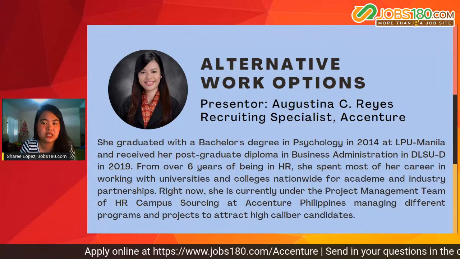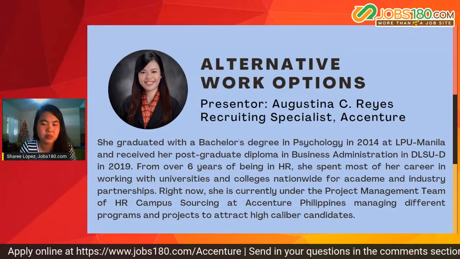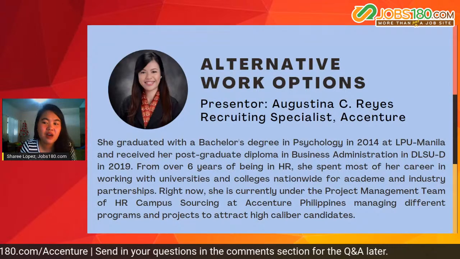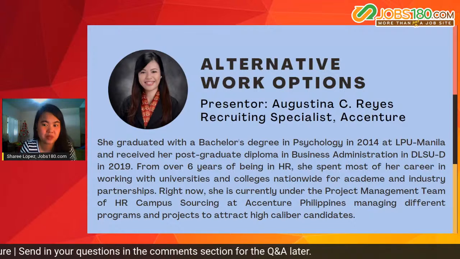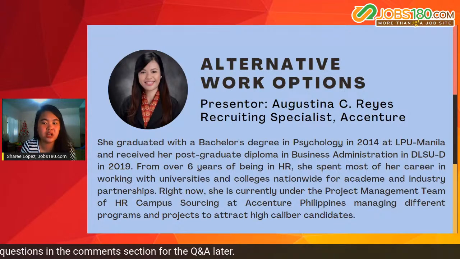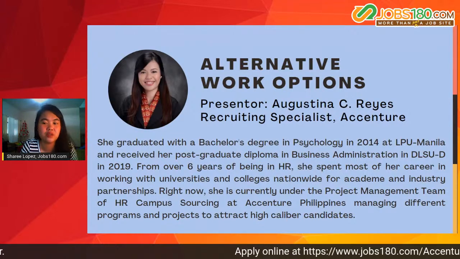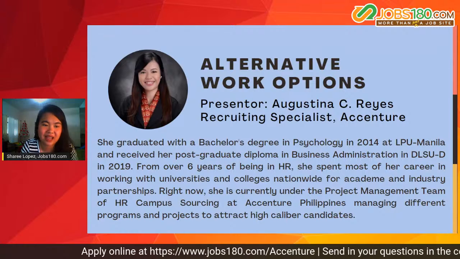From over 6 years of being in HR, she spent most of her career working with universities and colleges nationwide for academe and industry partnerships. Right now, she is currently under the project management team of HR Campus Sourcing at Accenture Philippines, managing different programs and projects to attract high caliber candidates.